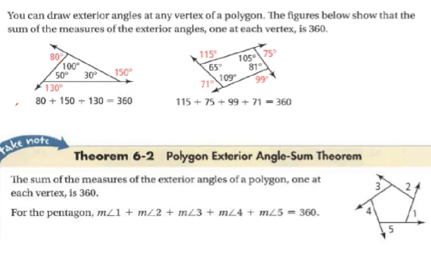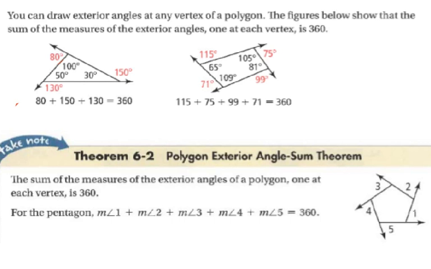And the same thing is true over here. All of these add up to 180. But even more than that, all of the exterior angles, when you add them, add up to 360. And that's always true. Always, always, always. No matter what. Doesn't matter if it's an octagon or a pentagon or a triangle.